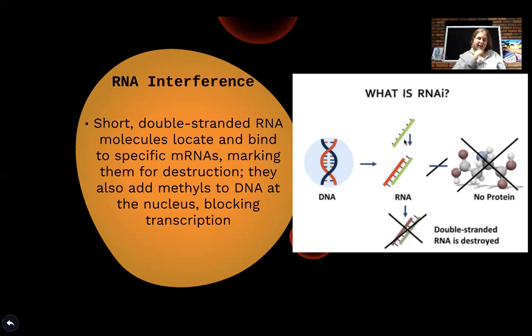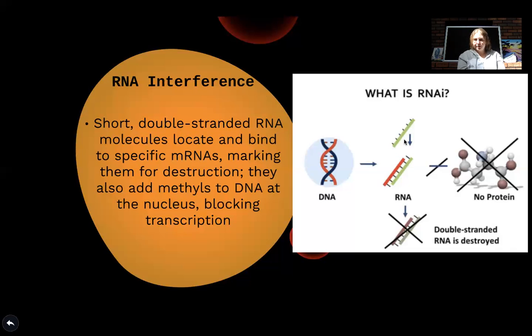And when they add the methyl groups to the DNA, it has the opposite effect as the acetyl groups. Remember, the acetyl groups attached to the histone, and that caused the histone to contort and loosen up the DNA so the transcription factors can have access to it.